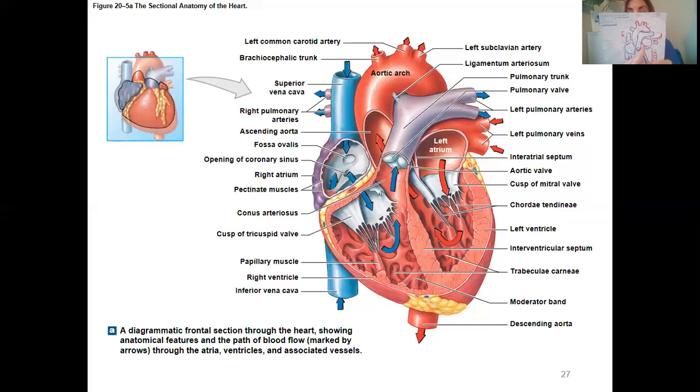Your blood will continue to travel up the ascending aorta and get into the aortic arch. As the arch turns, now it's going to come down. So of course the word for down is going to be descending. So this is going to turn into the descending aorta. This can also be known as the thoracic aorta.